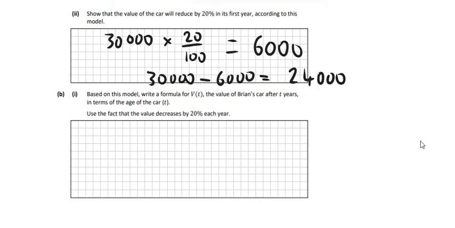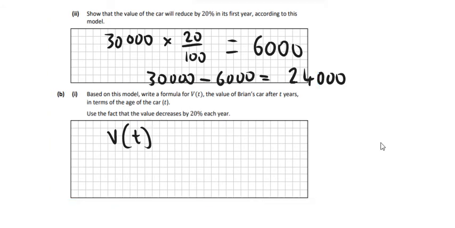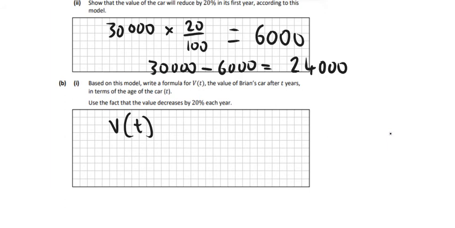Based on this model, write a formula for V of t. So V of t is just the value after a certain amount of time, the value of Brian's car in terms of the age of the car. So use the fact that the value decreases by 20% each year. So it's going to have to be 30,000, and if it decreases by 20%, you're left with 80% each year.